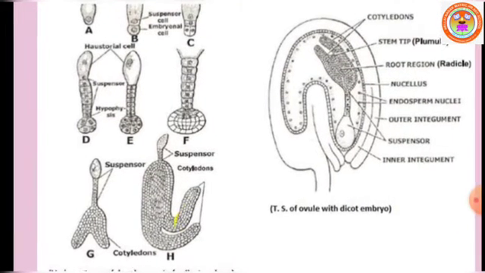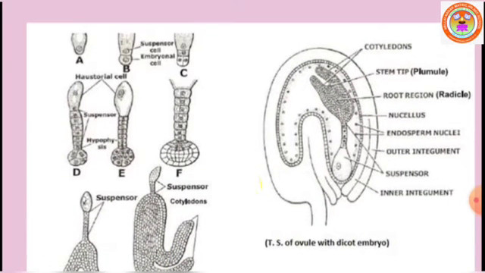You can see in this picture, A and B, very carefully. A is a zygote which has only one nucleus, and it divides into two cells, the upper terminal cell and the lower basal cell. The basal cell divides transversely, and the terminal cell divides vertically.